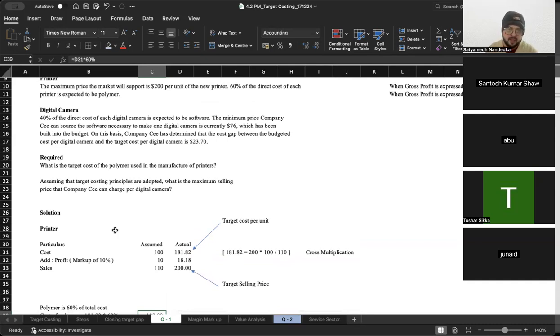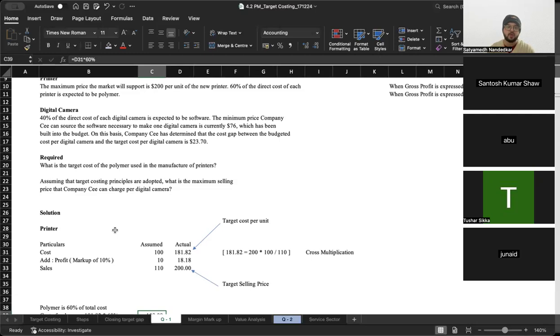The minimum price that Company C can source the software necessary to make one digital camera is currently $76, which has been built into the budget. On this basis, Company C has determined that the cost gap between the budgeted cost per digital camera and the target cost per camera is 23.7.